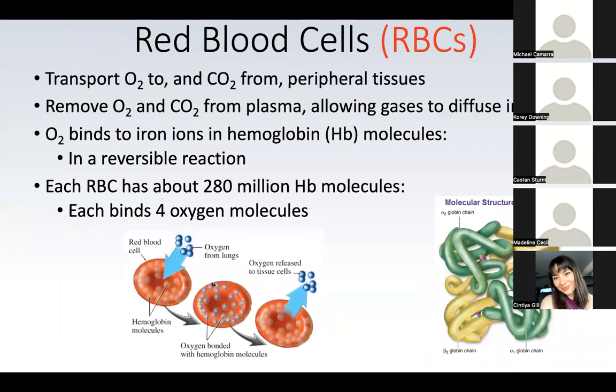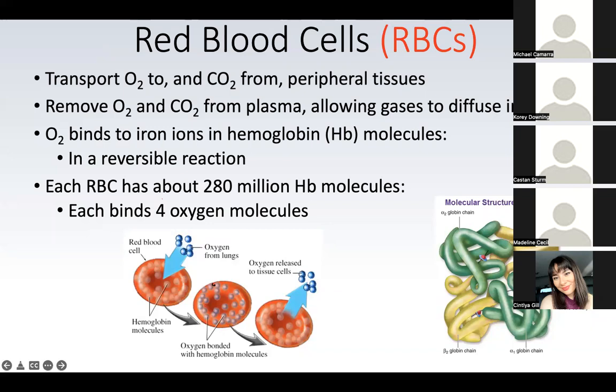We are going to move on to how oxygen and carbon dioxide travel through the blood. Now, in order to do this, we need to revisit the anatomy of a red blood cell, also known as an RBC, also known as an erythrocyte. So recall that red blood cells have lots of hemoglobin.